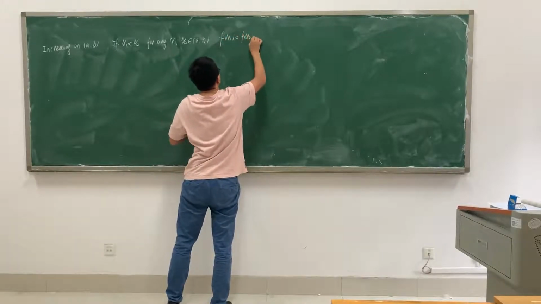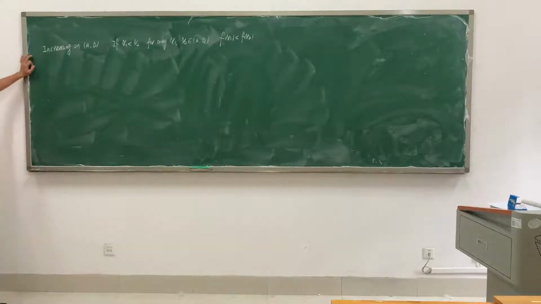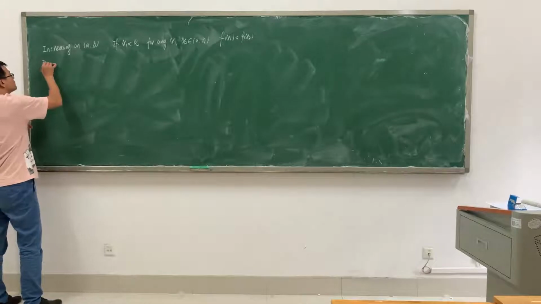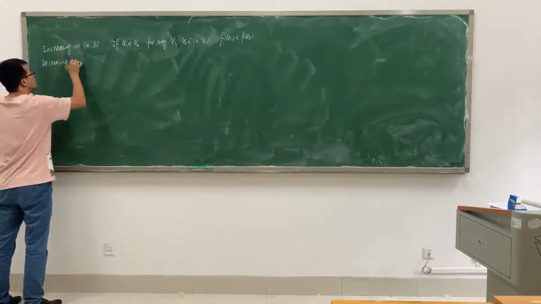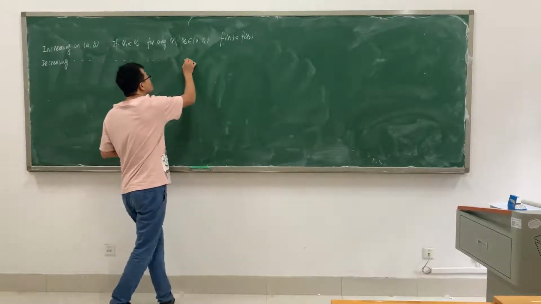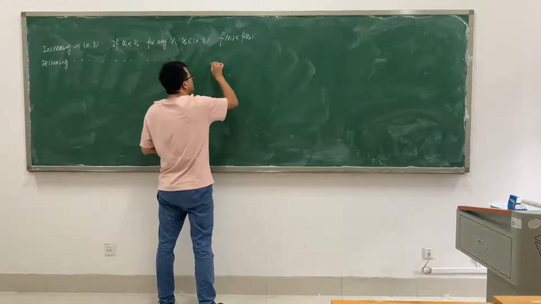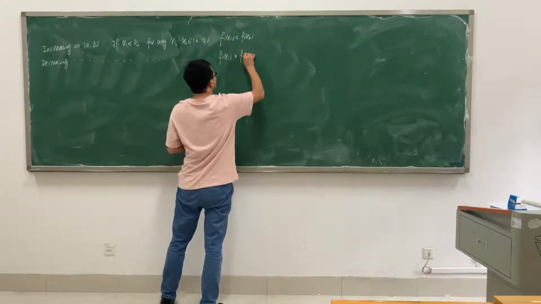So that is the definition of increasing. Decreasing on AB means that for any x1 less than x2 belonging to AB, we have f(x1) greater than f(x2).